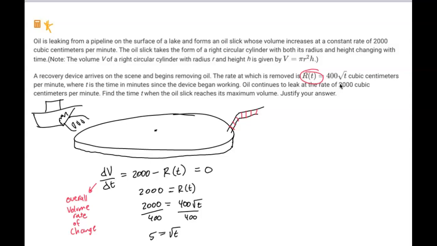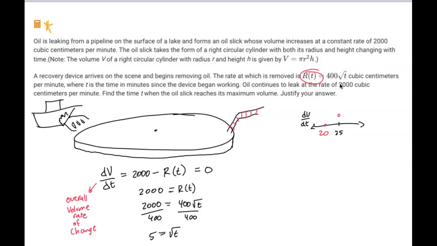All right, so now let's check. At time 25, and we're going to check dV/dt here. At time 25, dV/dt is 0, right? So let's take a time to the left of 25. Maybe time 20.